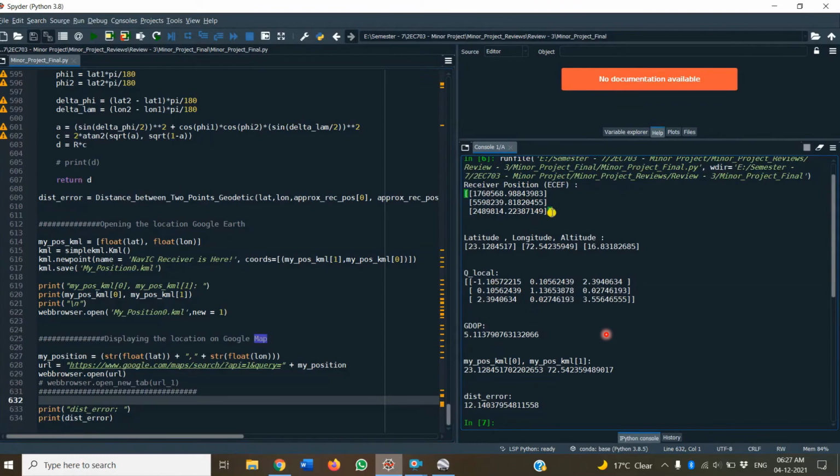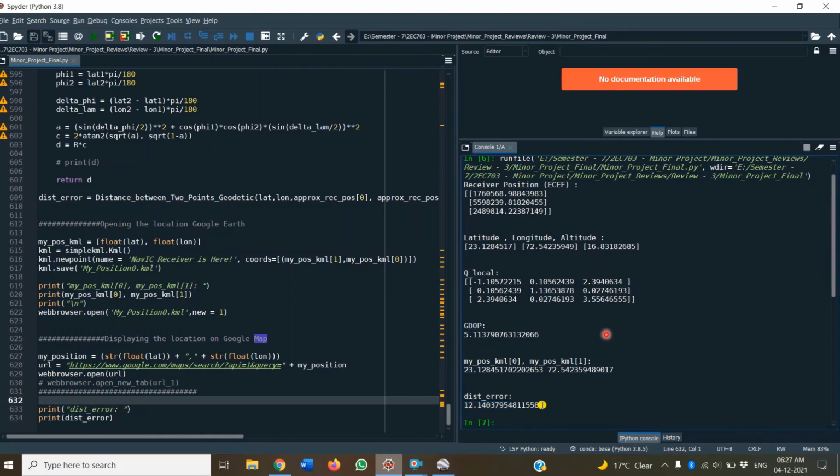Here also there are some coordinates which are ECEF, the receiver position in latitude, longitude and altitude format. There is one matrix called QLocal which is for the local estimation comparison. There is a parameter of GDOP, that is geometric dilution of precision, which is a common term used in satellite navigation and geomatics.